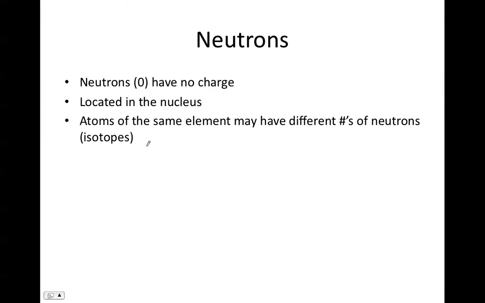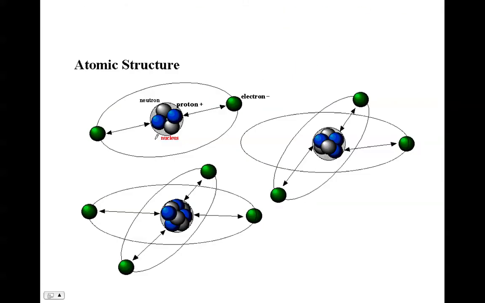So what we're saying there is you might have, for instance, that lithium atom. This lithium atom over here might have 1, 2, 3 protons and 1, 2, 3 neutrons. But there are lithium atoms that exist that have a 4th neutron. Now that doesn't affect the overall charge of anything, but it does affect the mass of the atom.